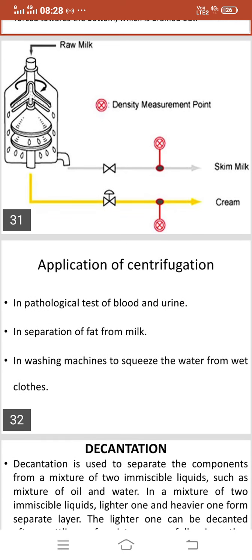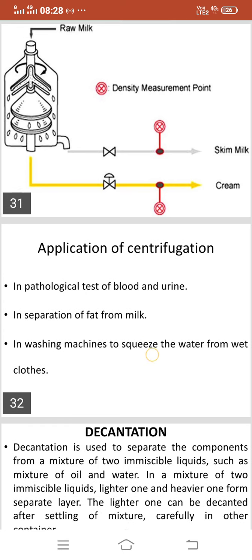In washing machines, to squeeze the water from wet clothes, we also apply the centrifugation process. Nowadays lots of clothing washing is done by washing machines, and that is also based on the centrifugation process.